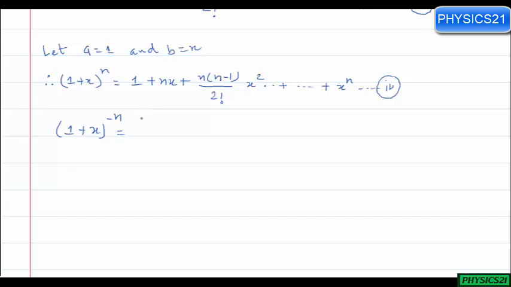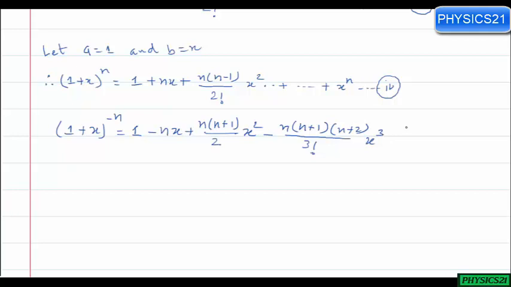In this situation, we get 1 minus nx plus n(n plus 1) divided by 2 x raised to power 2, minus n(n plus 1)(n plus 2) divided by factorial 3 x cube, and in this situation the last term will be infinite.